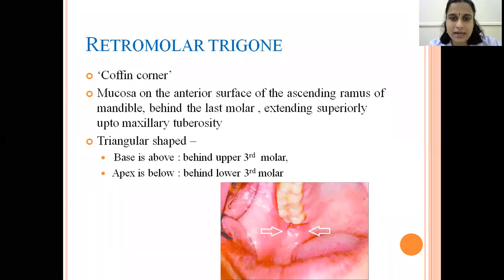But it is non-keratinized in other regions such as the soft palate, the inner part of the cheek, the inner parts of the lips, and also over the floor of the mouth and the ventral aspect of the tongue. In all these regions it is non-keratinized. It is keratinized only in certain parts.